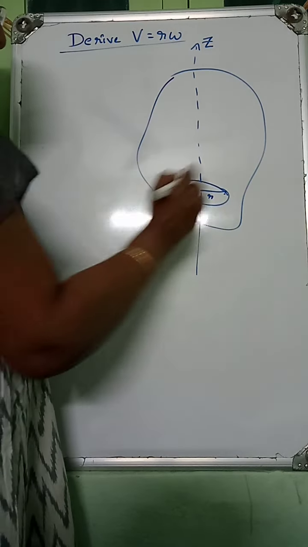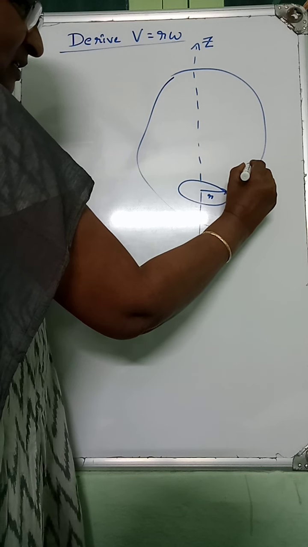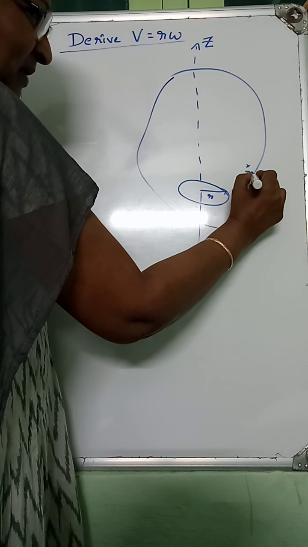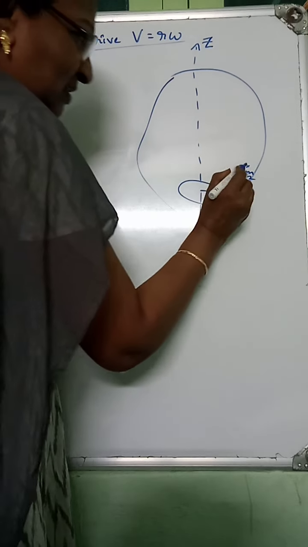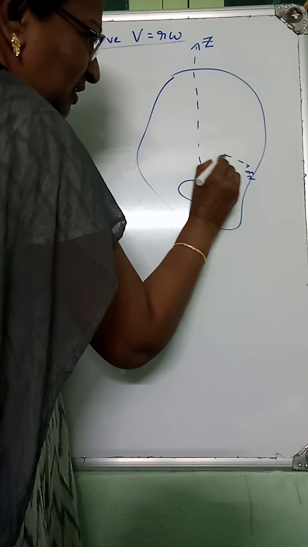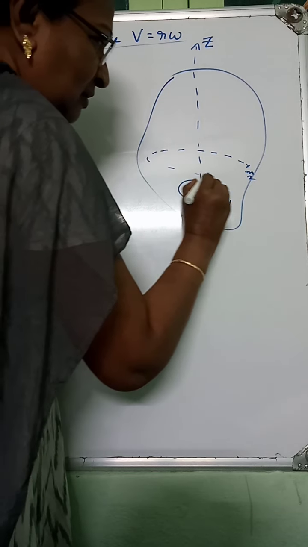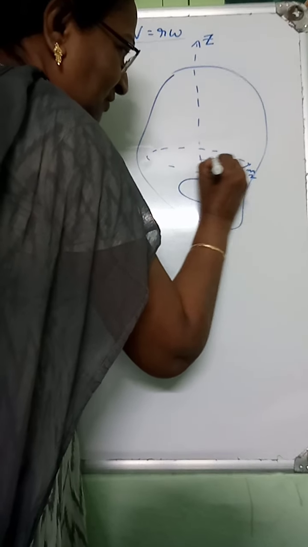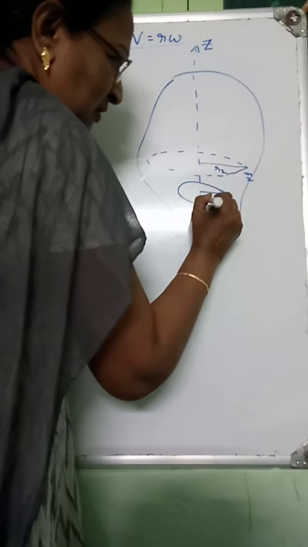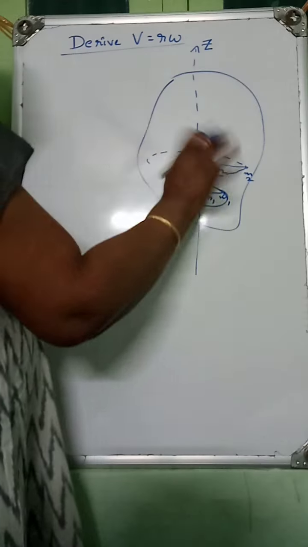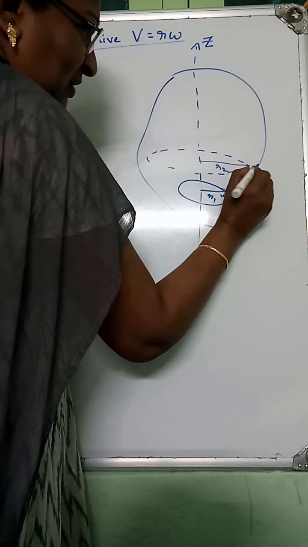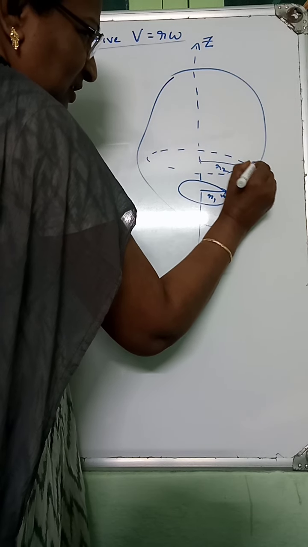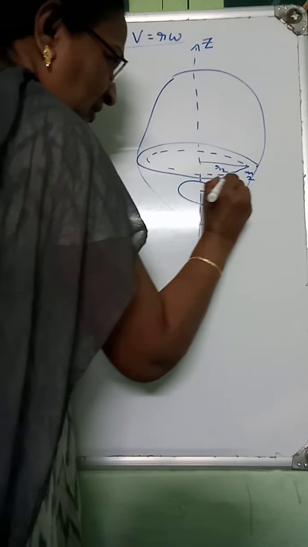If you take another particle of mass m2, this object having n number of particles, it rotates along the circumference of a circle of radius r2. So let it be r1, r2 and so on. If this is the particle of mass m3, it is rotating like this.